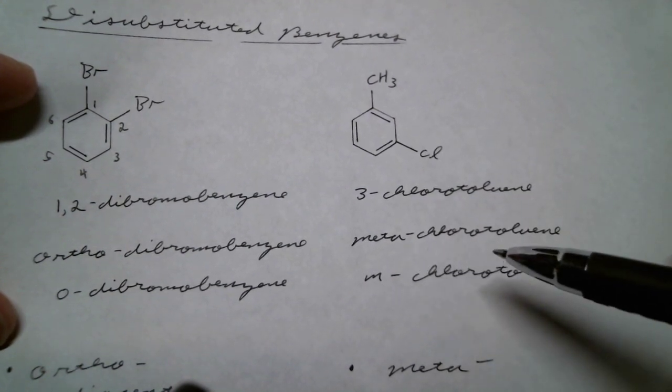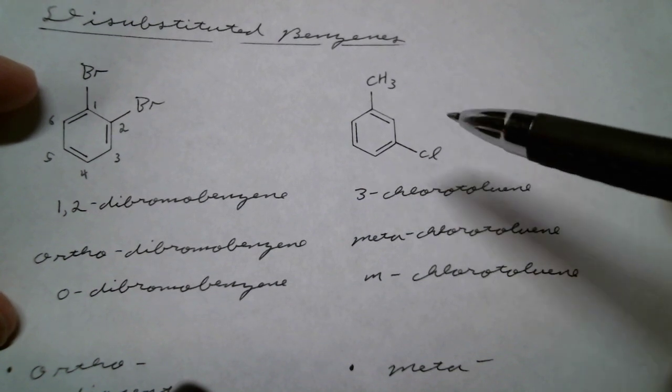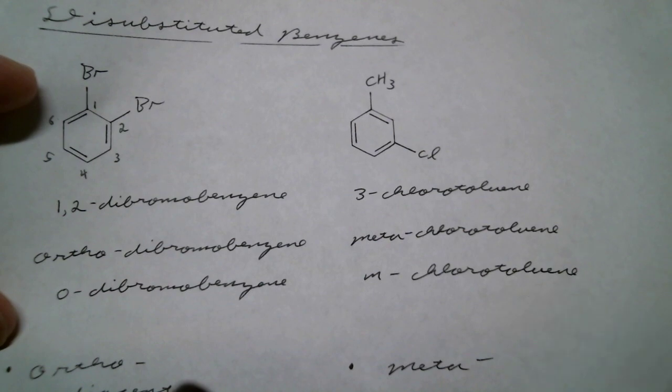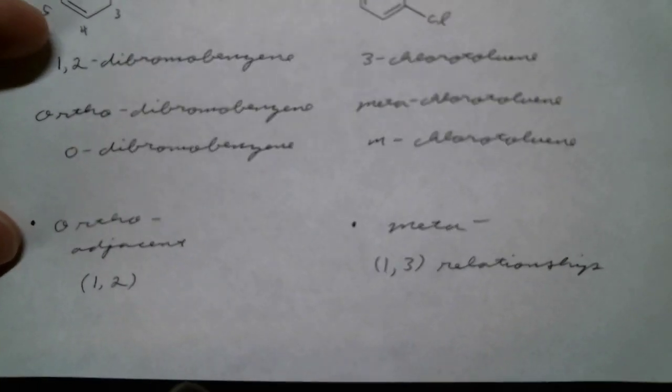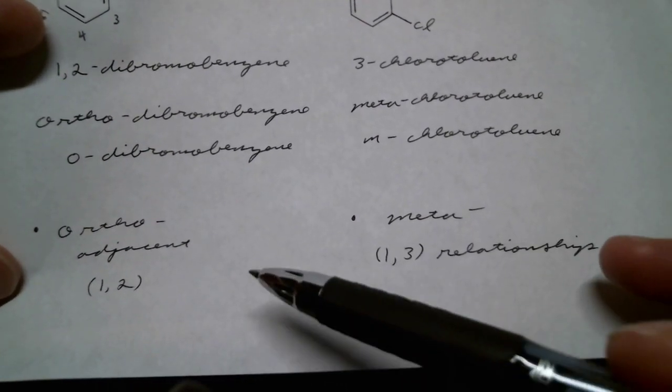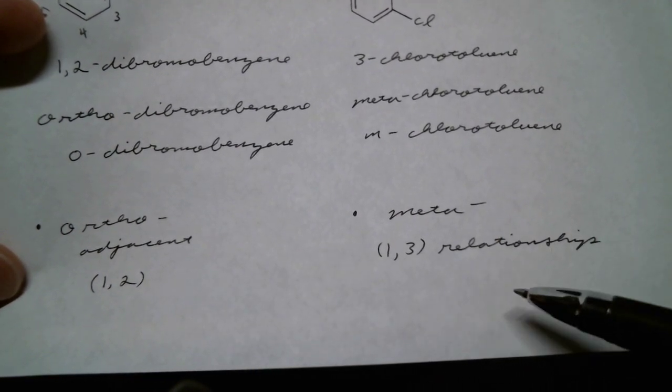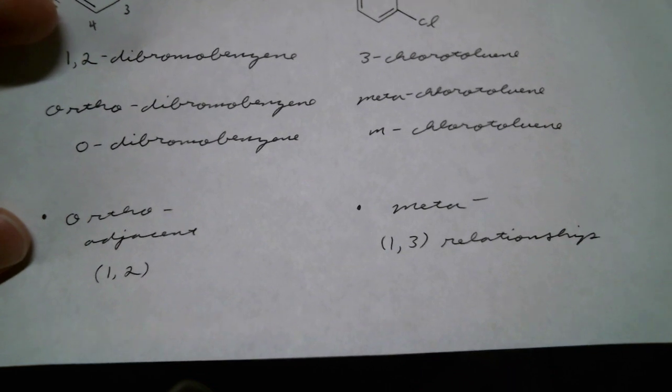So we could call this meta-chlorotoluene, and we would all know what we were referring to in terms of structure, or m-chlorotoluene. So ortho means adjacent substitution, a 1,2 pattern. Meta means a 1,3 relationship. We've got one other relationship that we want to discuss.